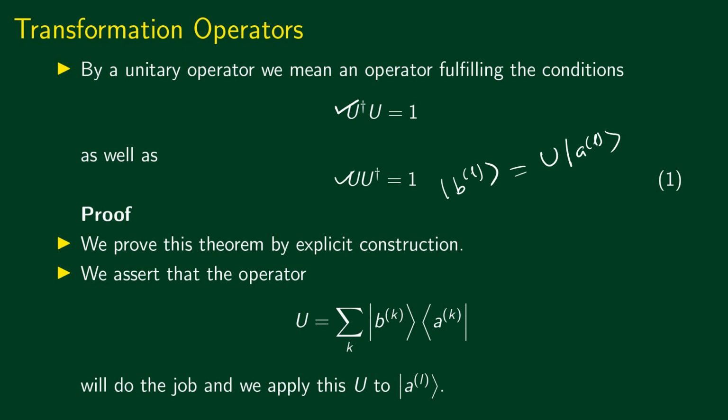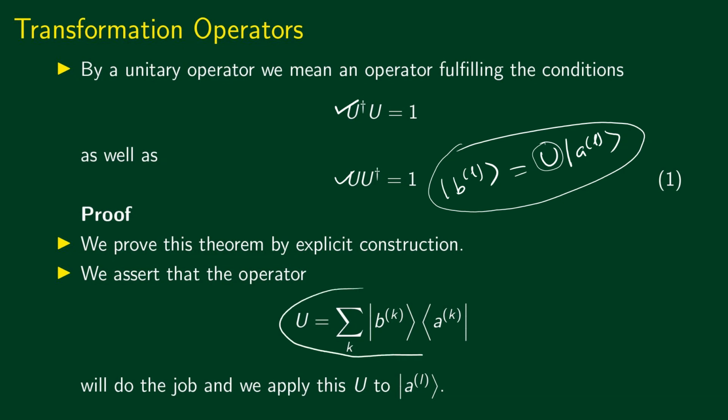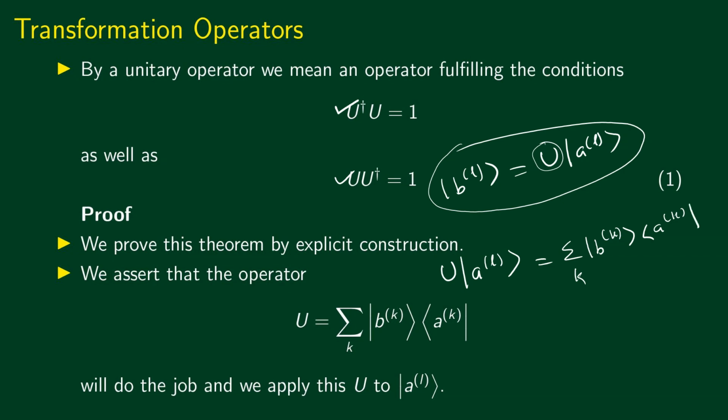Now we can check if this condition is being satisfied. Let's act this operator U on a ket Al. U acting on ket Al is equal to the sum over k of ket Bk bra Ak, this operator acting on Al.